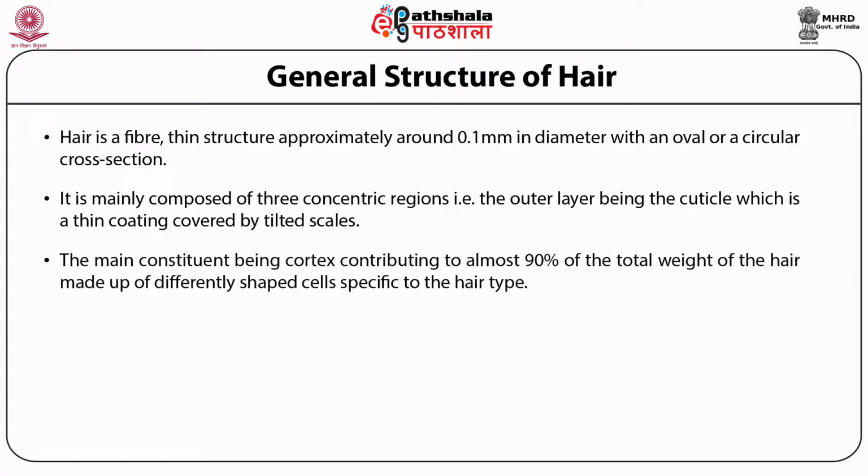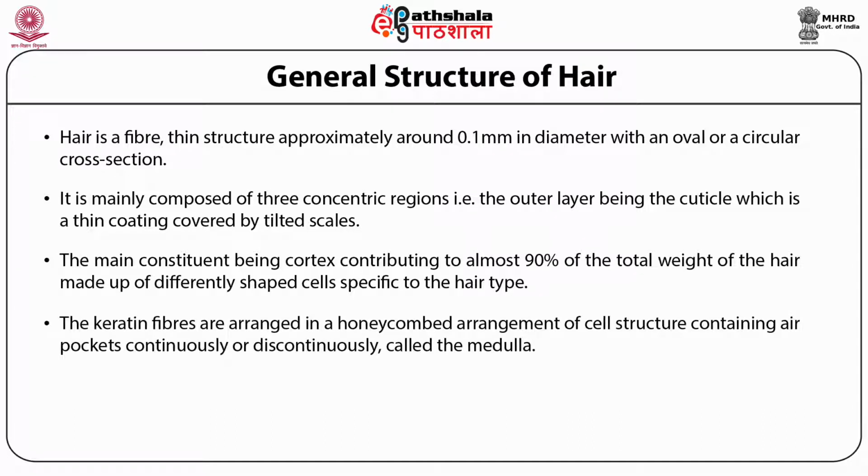The main constituent is the cortex, contributing almost 90% of the total weight of the hair, made up of differently shaped cells specific to the hair type, the keratin fibers. They are arranged in a honeycombed arrangement of cell structure containing air pockets, continuously or discontinuously, called the medulla.